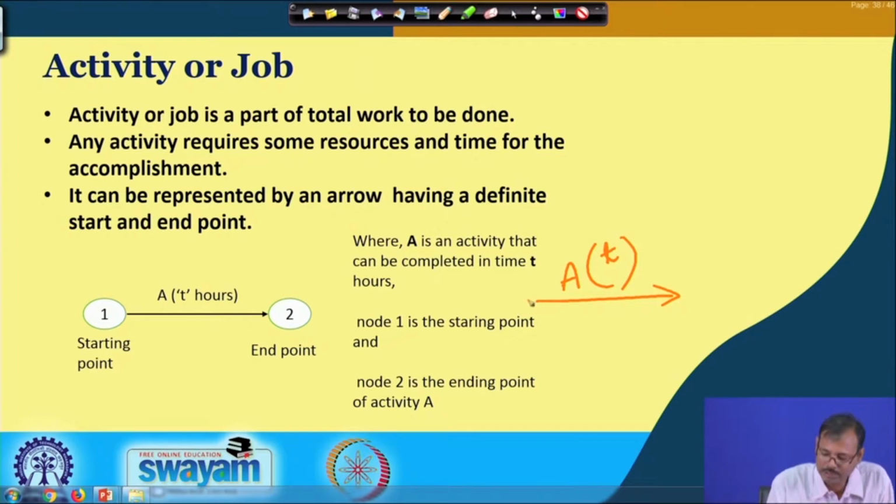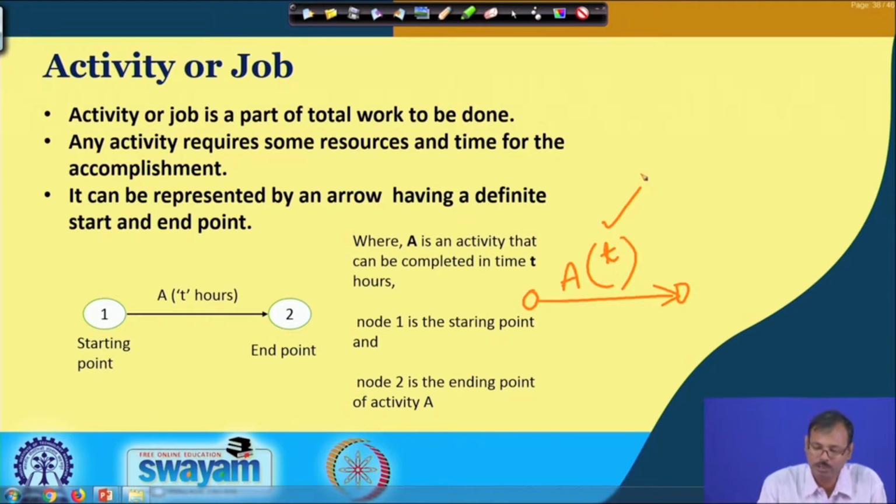The activity has a starting point, and the activity has an ending point. That means the Ghaziabad to Delhi journey activity has the starting point at Ghaziabad as 0, and the ending point at Delhi as x. So, this journey from Ghaziabad to x, the journey activity A, is carried out in a time t if it is through car.